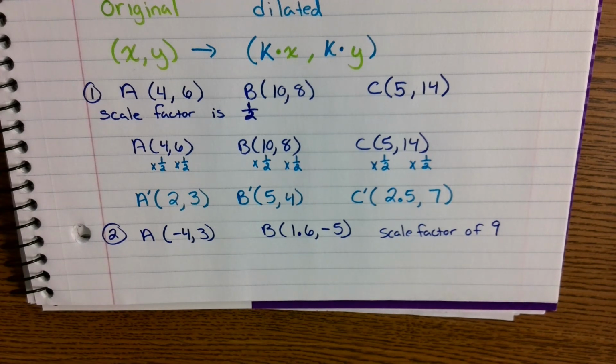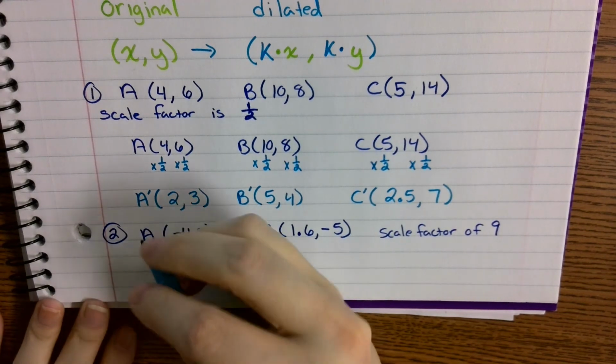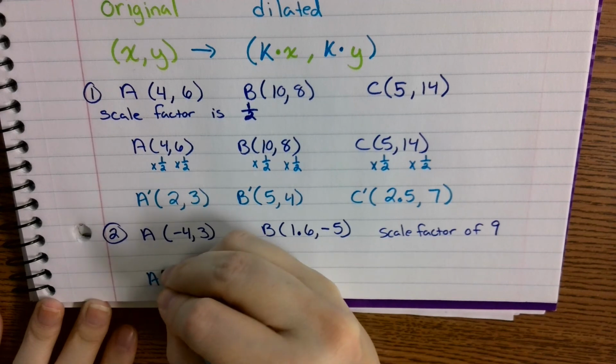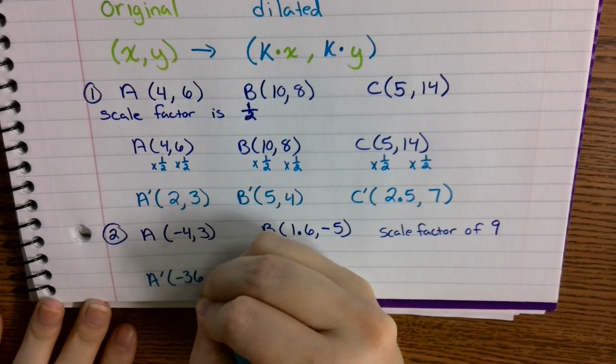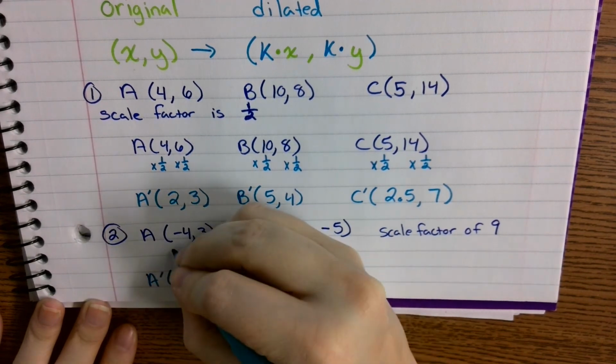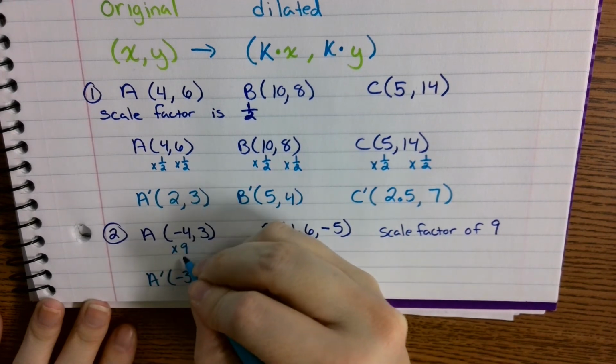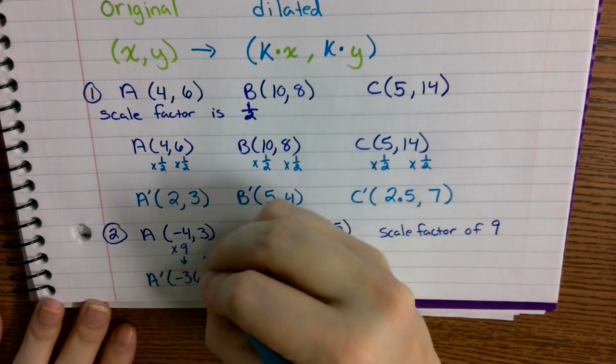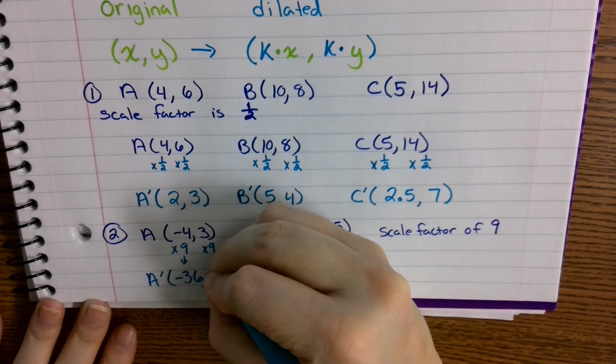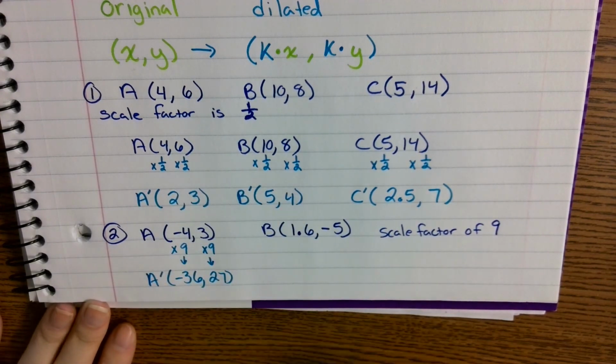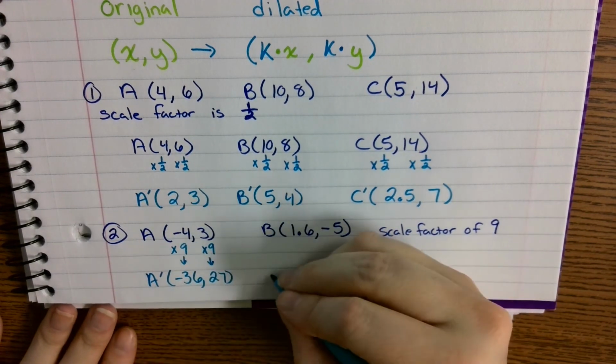Okay, A prime, Brian, what is that going to be? Very good. So A prime is at -36, 27. If you multiply -4 times 9, that's going to give you -36. And then 3 times 9 is going to give you 27. Okay, what about B prime?